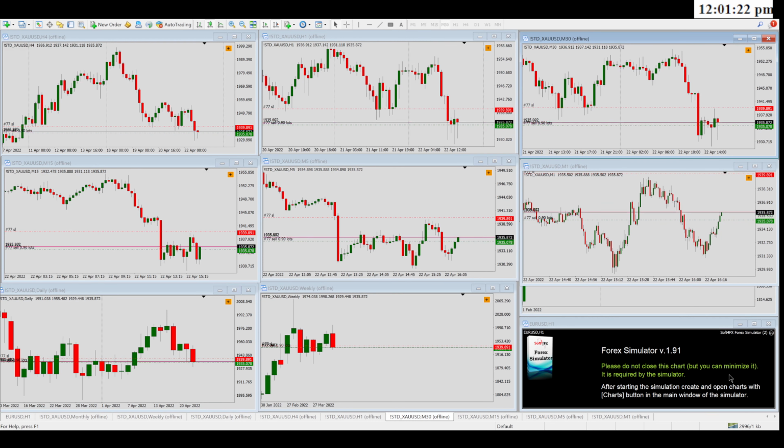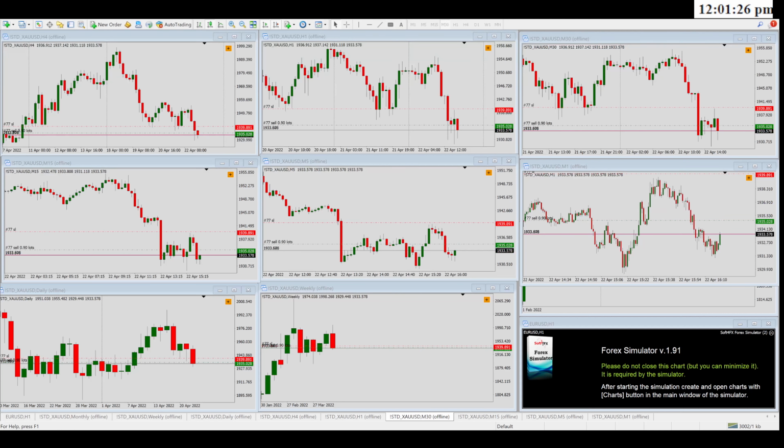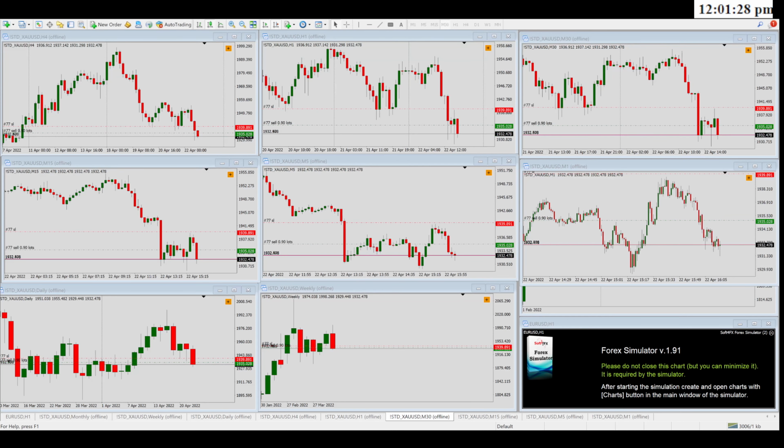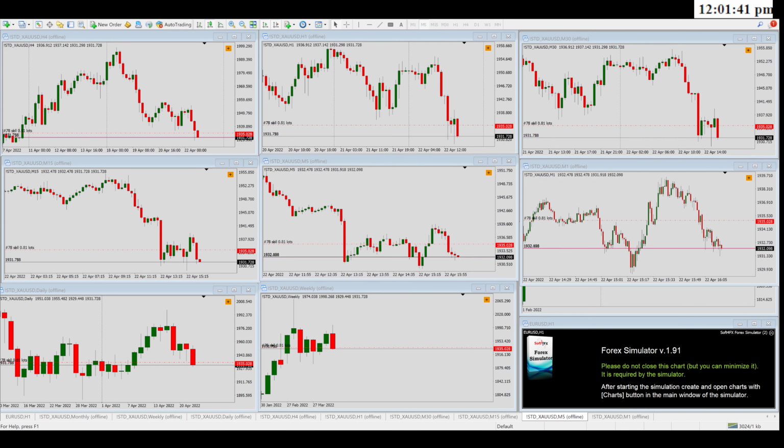Now we are at break even. Right in here, as I can see that prices start to consolidate, I should have closed like 10% of the position and put the SL at break even. That's what I should need to do.